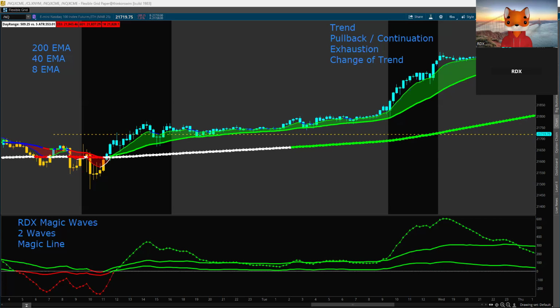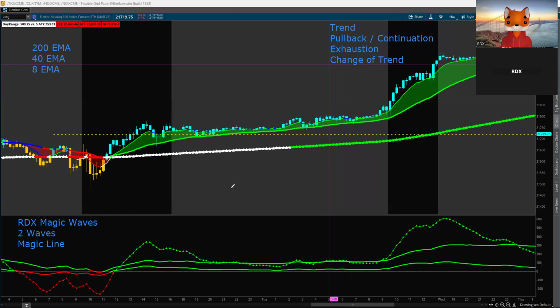Tighten up your seatbelts and let's go on a journey to a destination called the trend. So this is the 15-minute chart of Nasdaq, and the reason why I'm very inclined to talk about a trend is because people have various ways to define a trend, but I'm not really bothered about what people say.